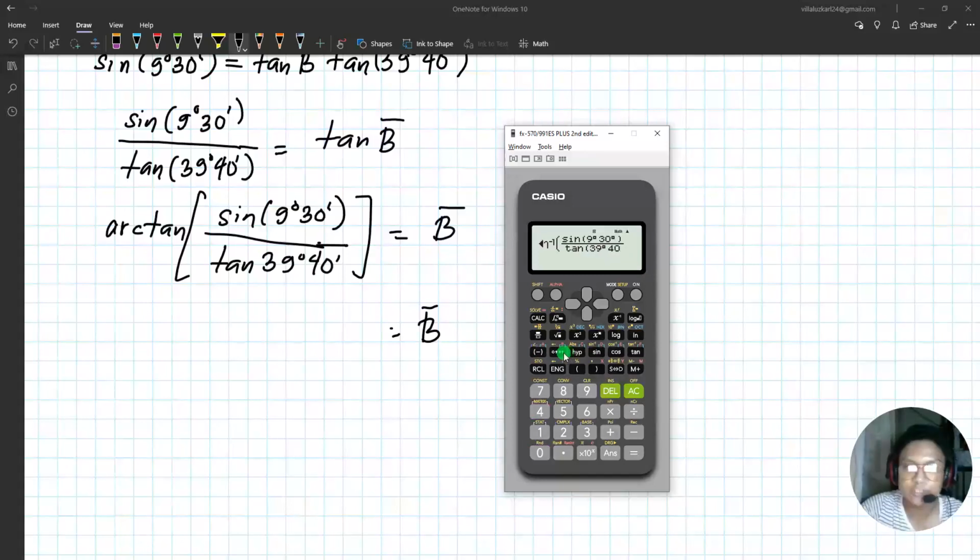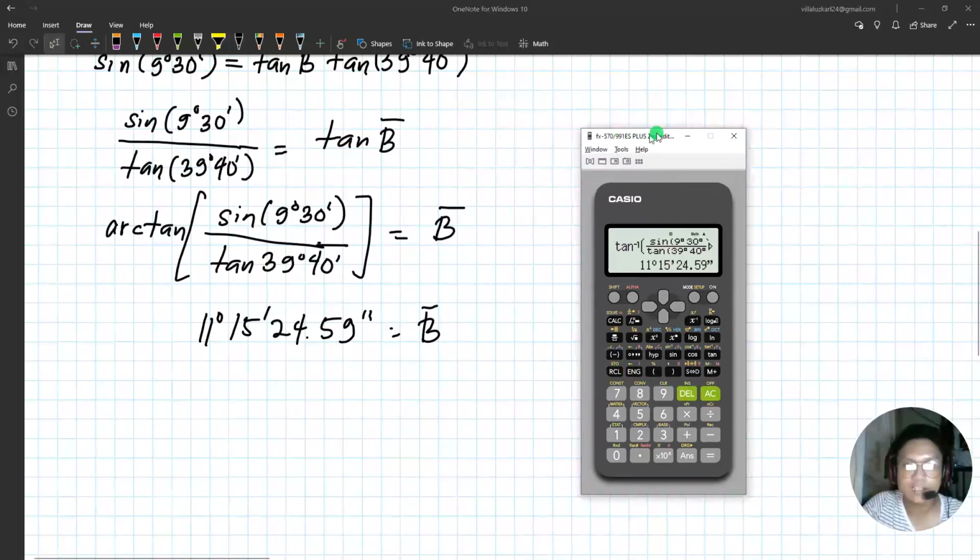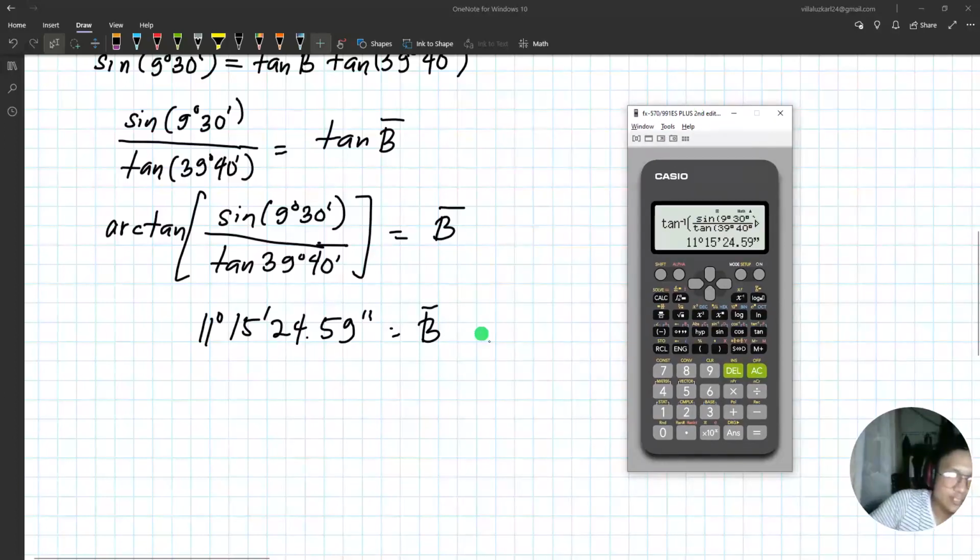Make sure that your calculators are in degree mode, sorry. So our angle is 11 degrees 15 minutes and 24.59 seconds. That's the answer for bar B, but that's not the angle for B because that's just the complement.